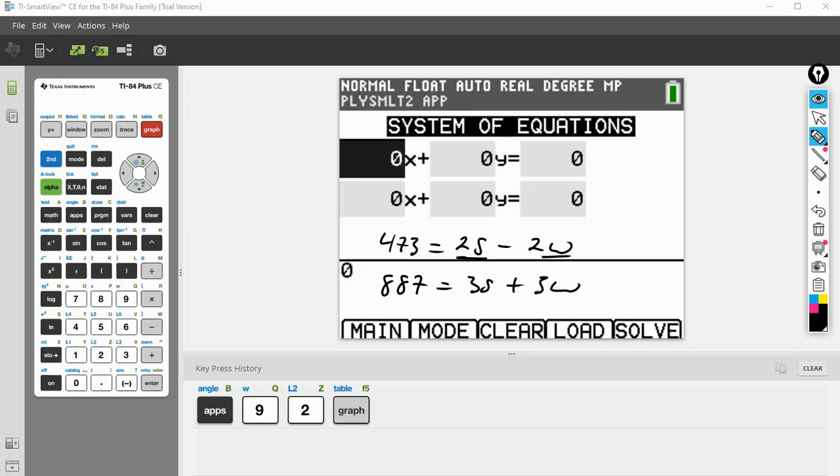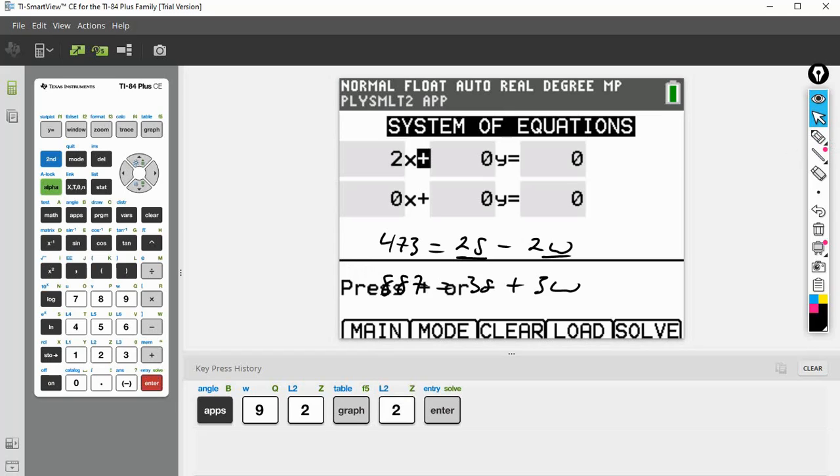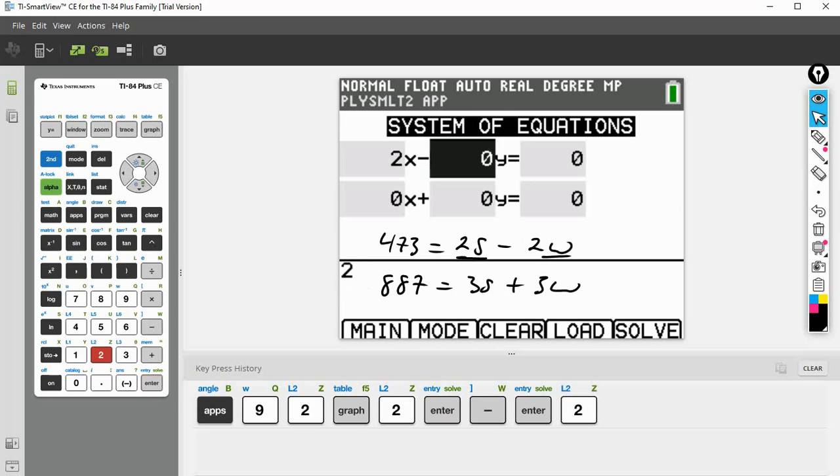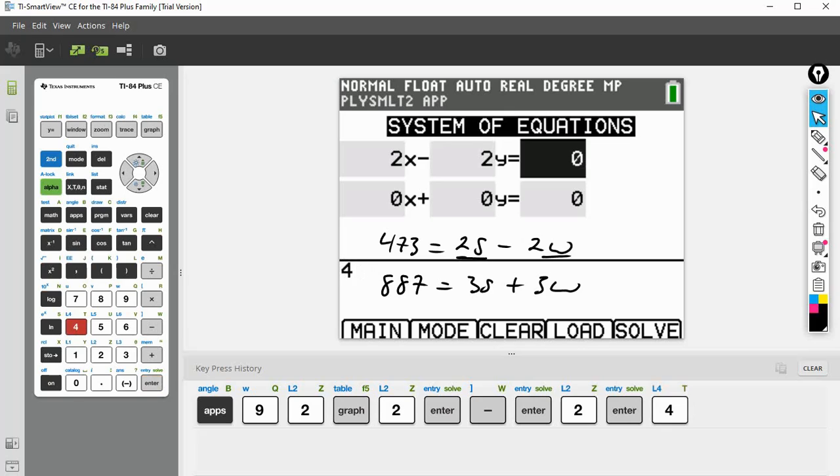So let's plug everything in. So we have x, the first x will then be 2. So all we have to do is type 2, and then enter. And that gives us that. Now it says minus, so we have to subtract and then hit enter and 2 for y, which is w, right? And this equals the solution, which is 4, 7, 3.